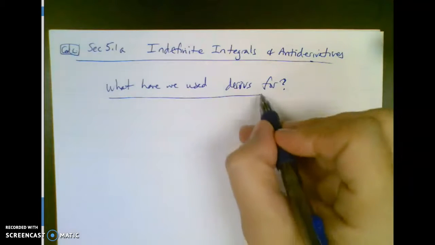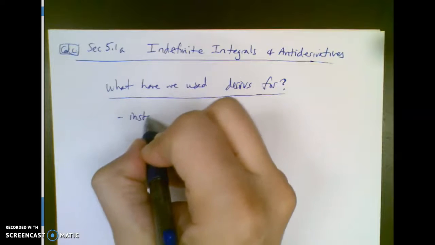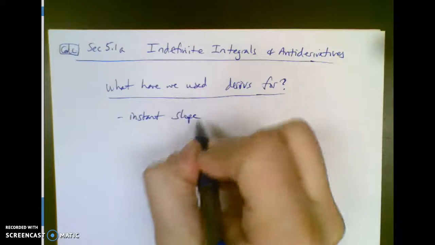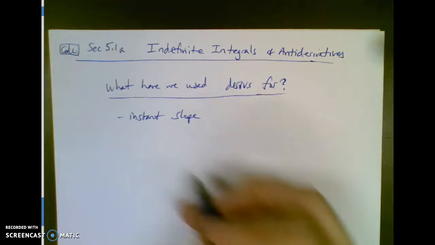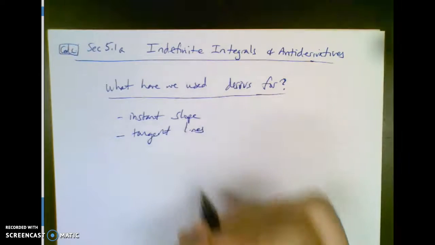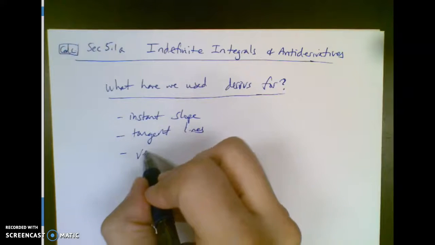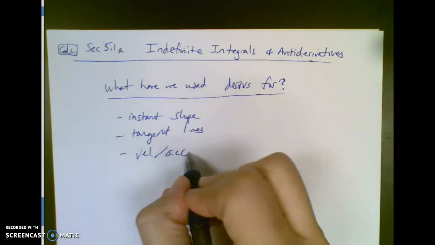The first thing we used derivatives for was to find instantaneous slope, right? And then we used it to find tangent lines. And then we used it to find velocity and acceleration problems, right?